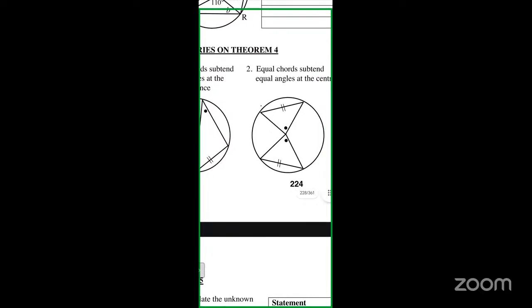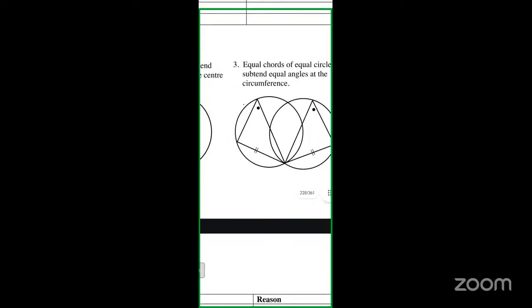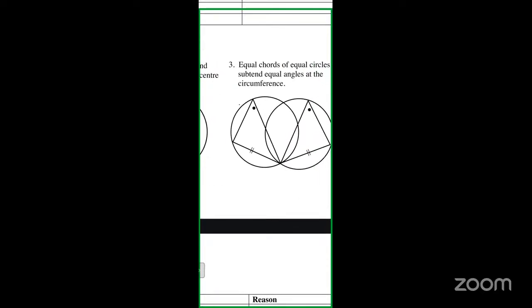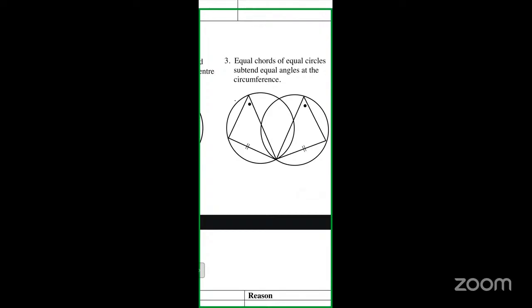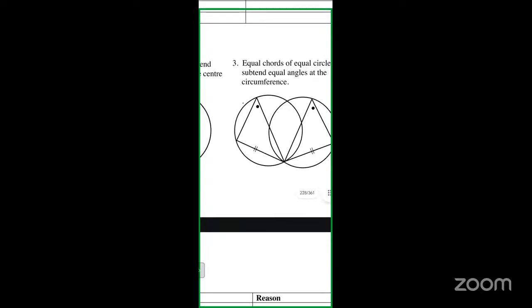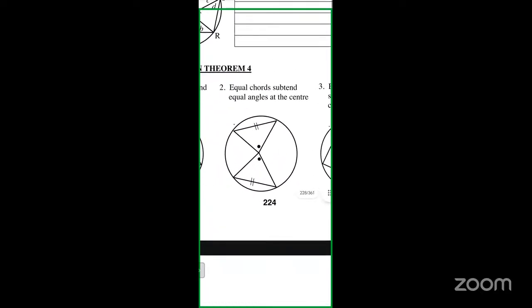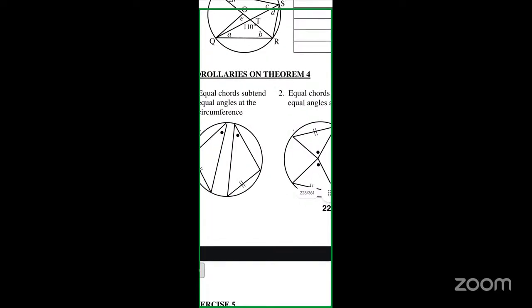Same applies with this: equal chords subtend equal angles. These chords are equal, they subtend equal angles. And those angles are always opposite those chords that we are talking about that are equal.